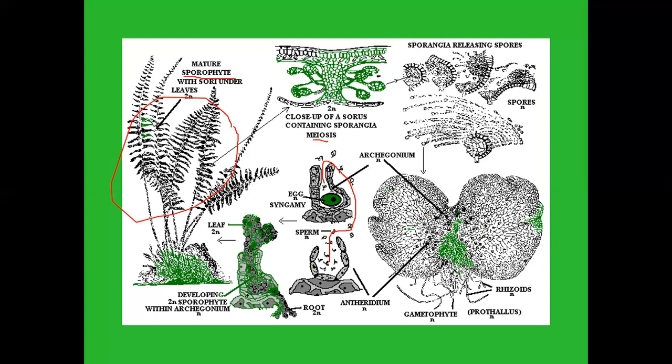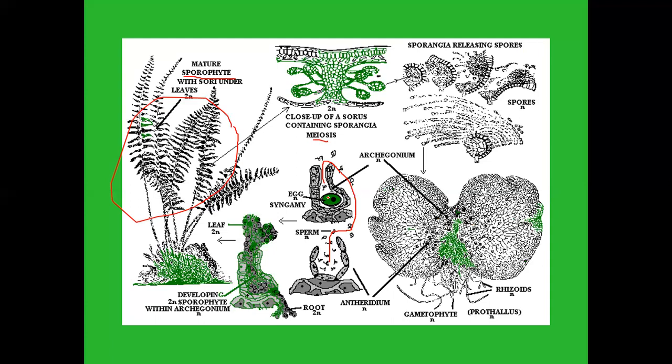Now, the fertilized egg will grow inside the archegonia, just like it did in the mosses. That fertilized egg will become the sporophyte, just like it did in the mosses. But the sporophyte in ferns looks nothing like the thing in moss. The moss one was just a stick with a ball on top, a sporangium on top. This one is going to grow into the entire, what we'd recognize as a fern.